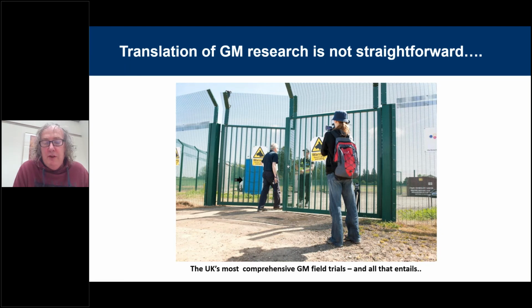to have a secure site to allow us to do our GM field trials, which is what this picture shows. So you have this rather imposing, or even intimidating, field trial site, surrounded by large fences, and for a time we even had security guards and guard dogs surrounding the trial site.